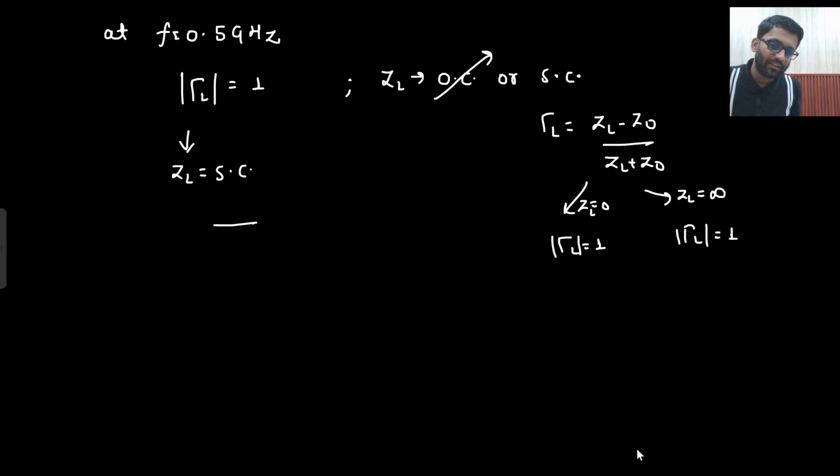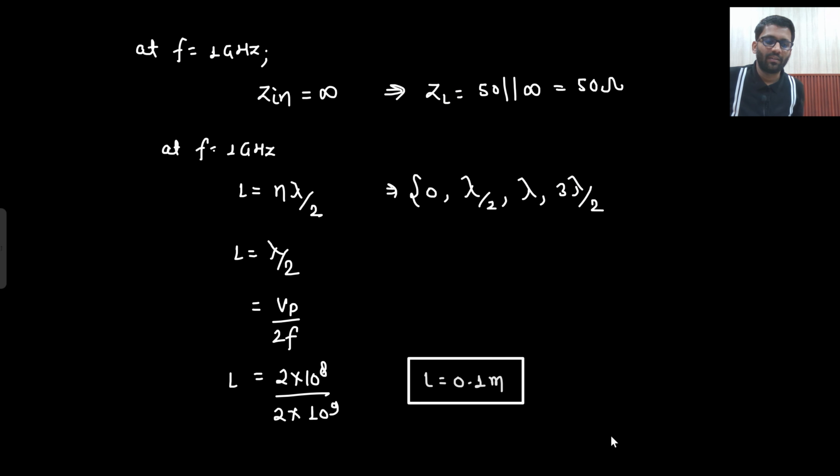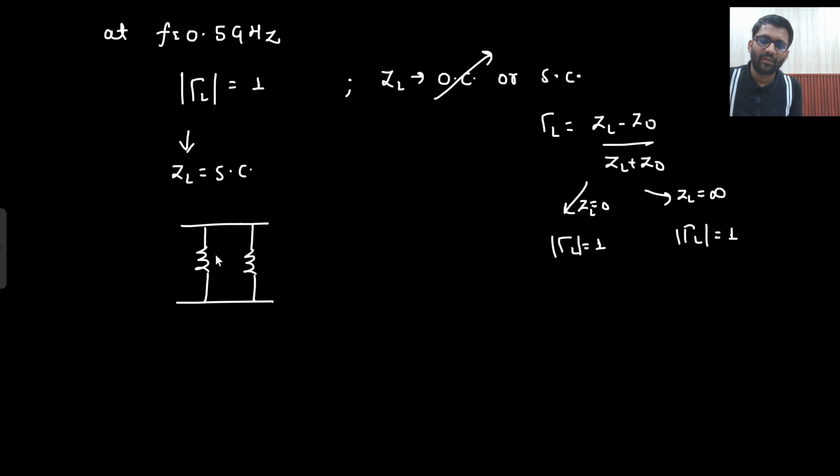And what is ZL? ZL is this 50 ohm, and then there is another impedance, that is Zin, which I have called Zin only, no? Yeah. So this is 50 and this is Zin. This is your ZL. And you want your ZL to be 0. If you want your ZL to be 0, that means Zin has to be 0.